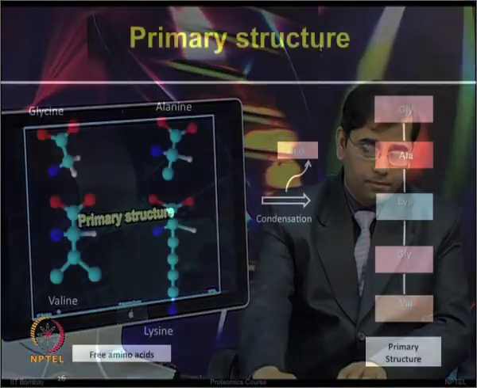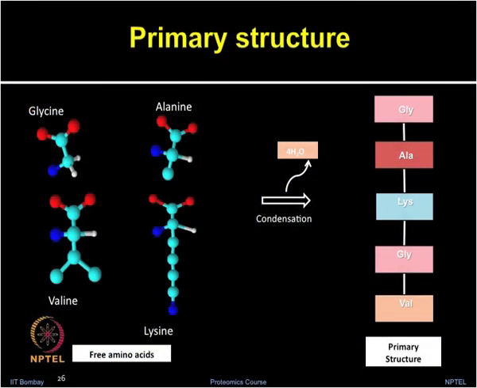So, primary structure refers to the sequence of amino acids. As you can see on the left side, different amino acids can come together, and the linear sequence of amino acids constitutes the primary structure, with loss of a water molecule.